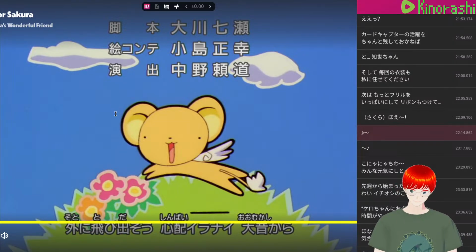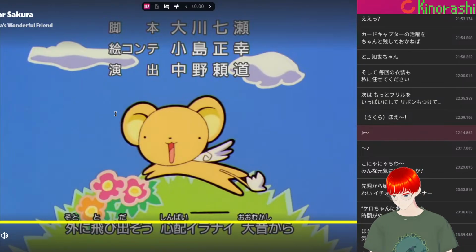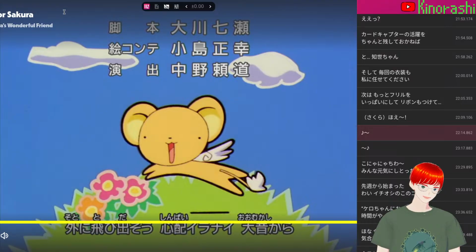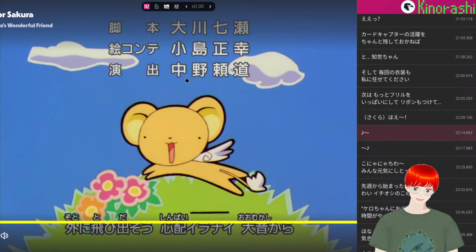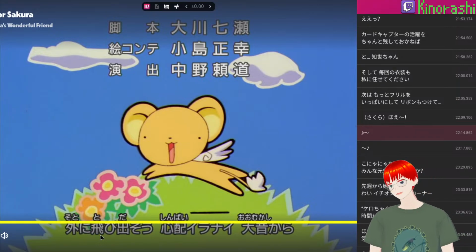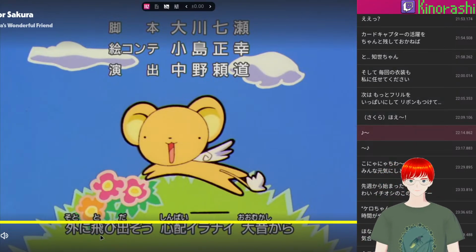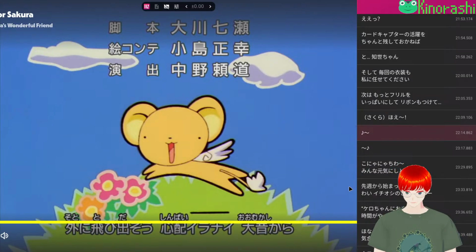Put in spaces where the song has spaces. Let's dash outside. No need to worry since time immemorial, extending beyond the reach of memory, record, or tradition. So soto ni tobidaso, shinpai iranai, omukashi kara. Let's jump outside. No need to worry.